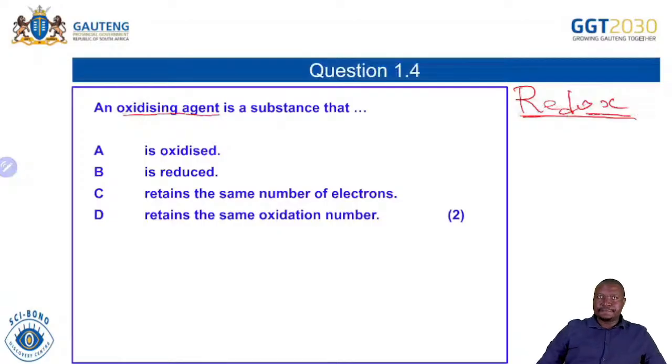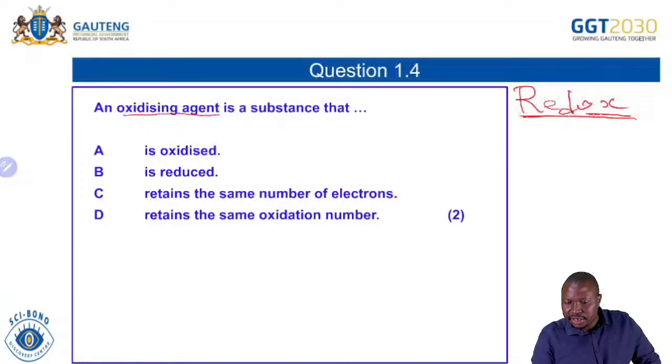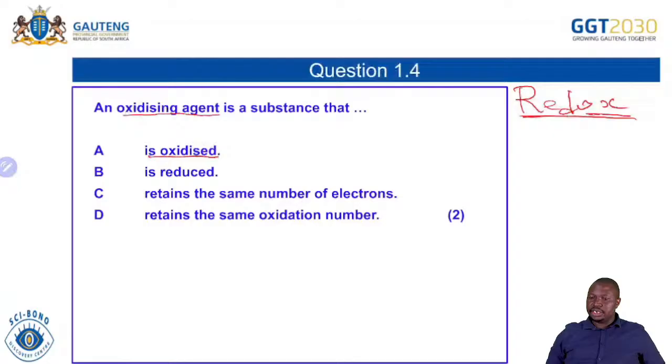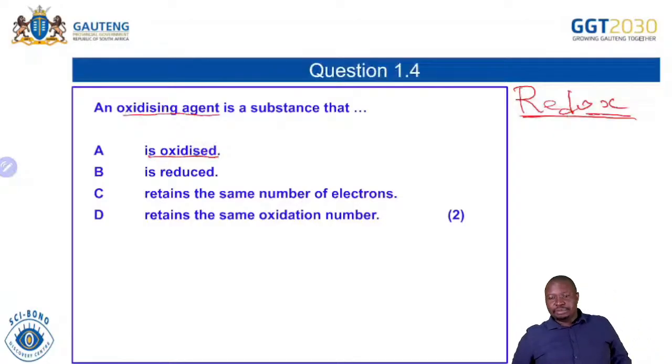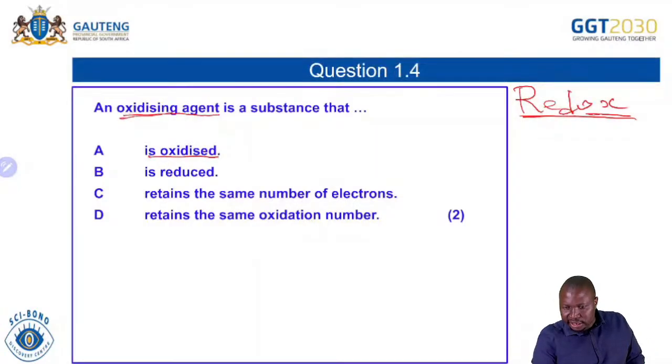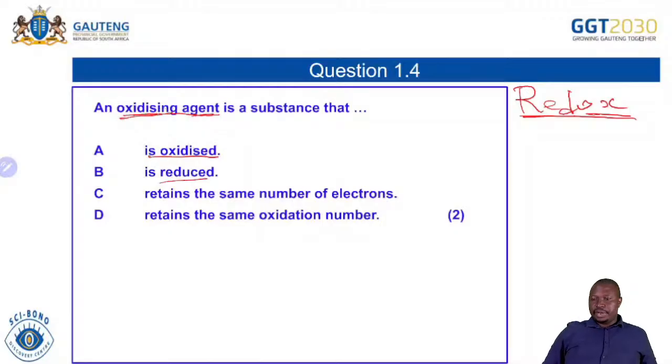So we are having an oxidizing agent. The first option says it is oxidized. It cannot be oxidized when it is an oxidizing agent, because what it's doing is oxidizing. It's an agent to oxidize. Itself must be reduced.